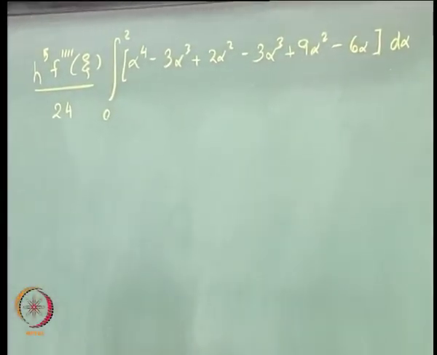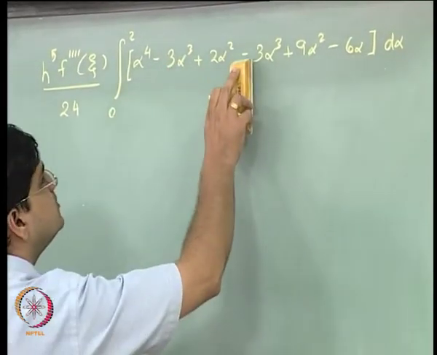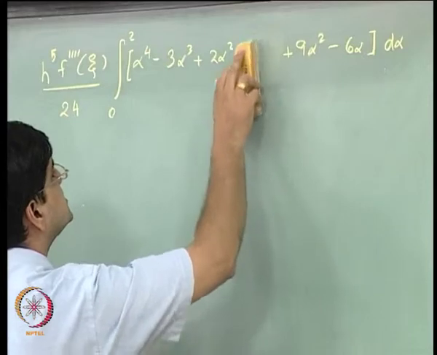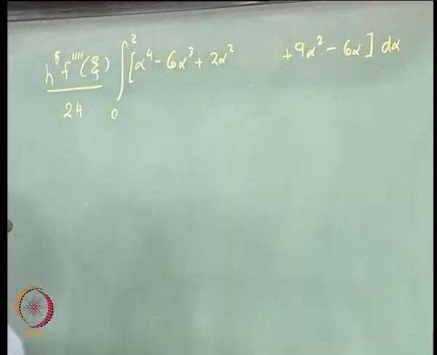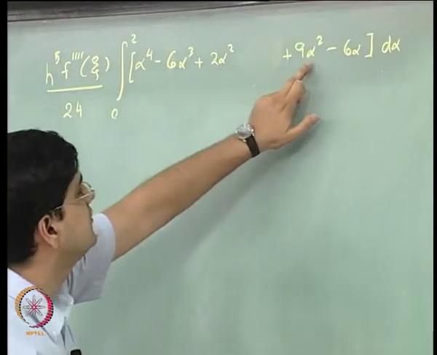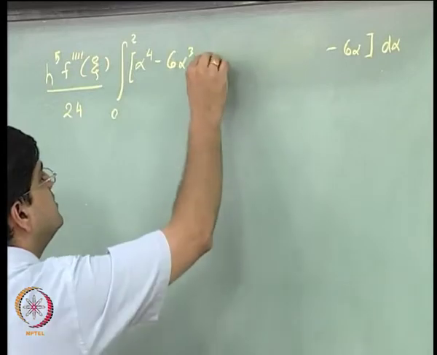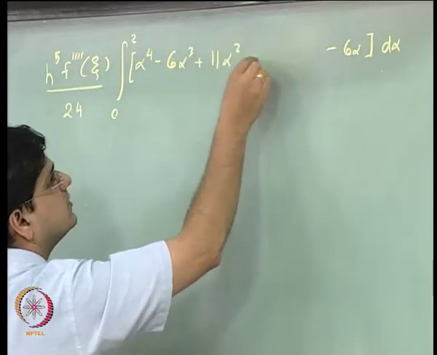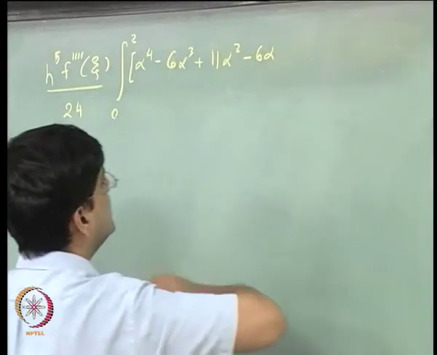Okay. So minus 3 alpha cubed minus 3 alpha cubed is going to be minus 6 alpha cubed. So I will write down over here, and plus 2 alpha squared plus 9 alpha squared is going to be plus 11 alpha squared, okay, minus 6 alpha d alpha.